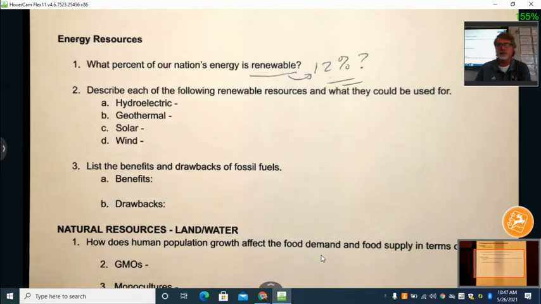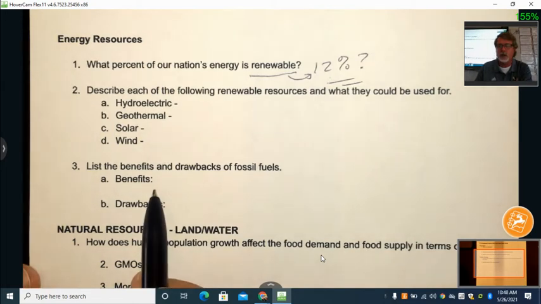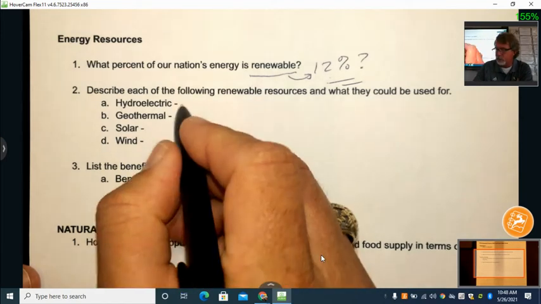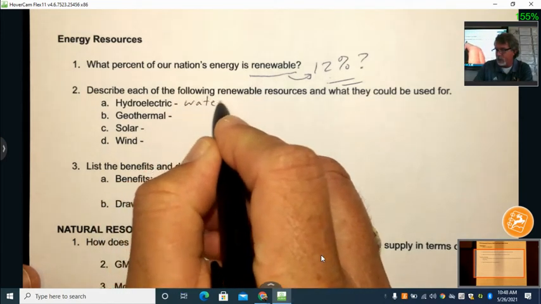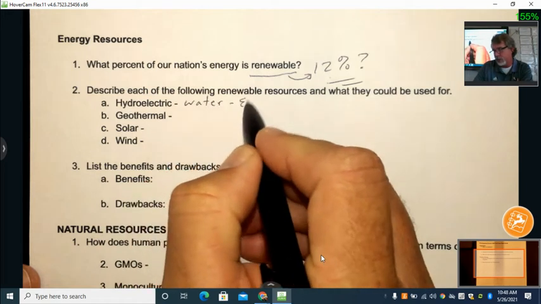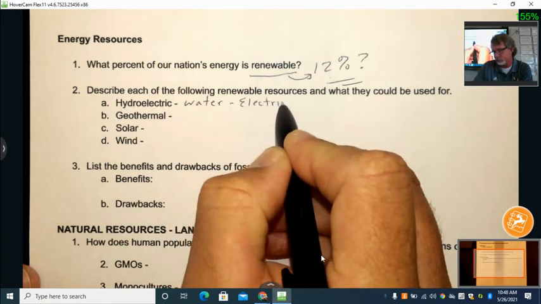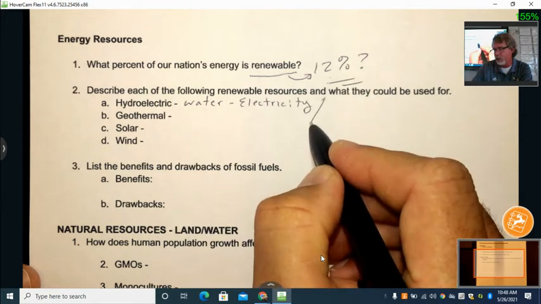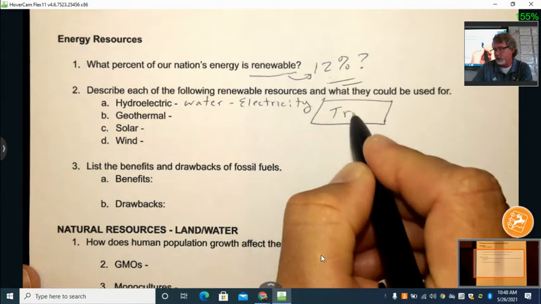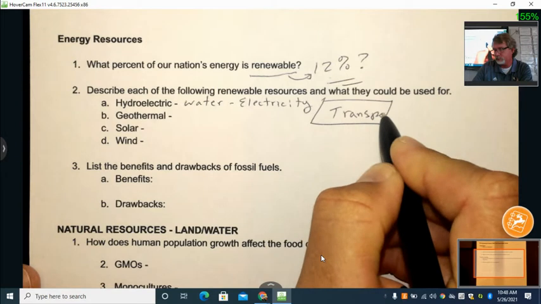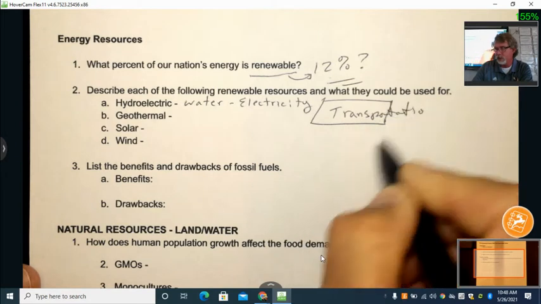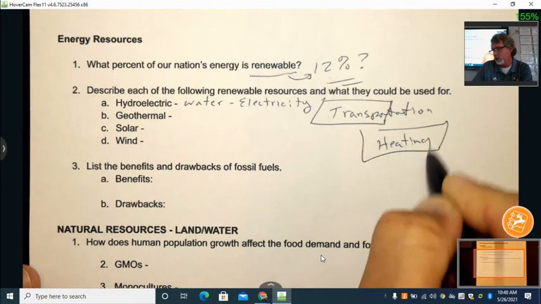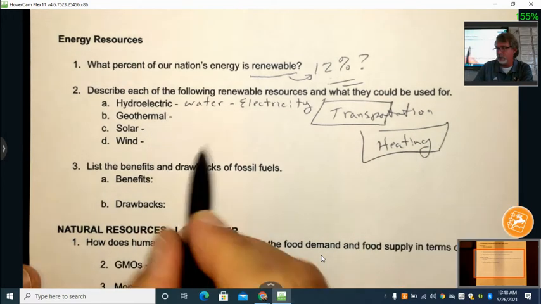All right, so some renewable sources and what they're used for. Hydroelectric is water, and we use that for electricity. You remember we've got electricity, and then the other uses are transportation and heating.